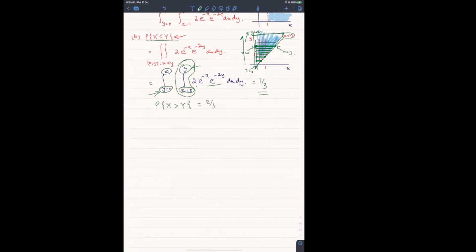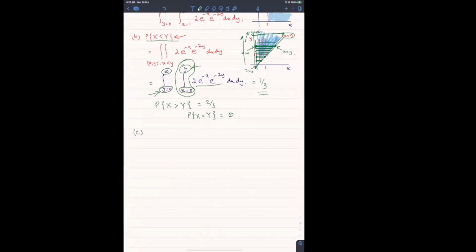Yeah, 2/3, 2/3. And why is that? क्योंकि we know that the probability x is equal to y is 0. X taking a point value, y taking a point value would be 0. Point value continuous के केस में हमेशा 0 होती है.